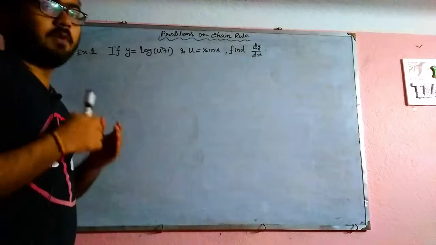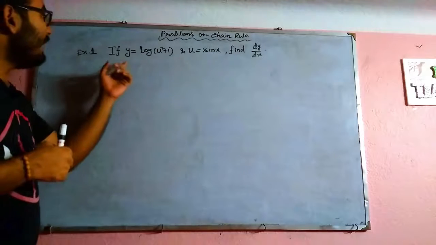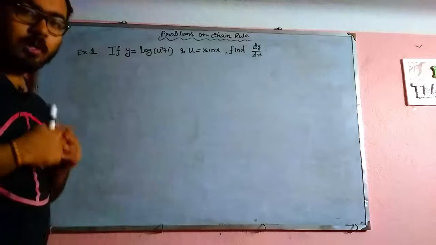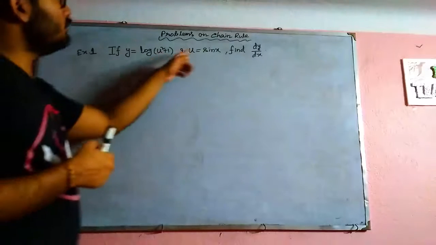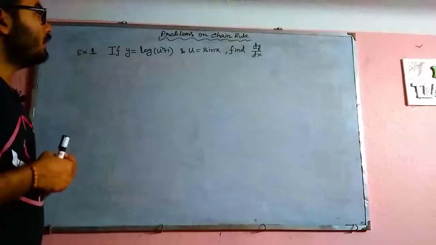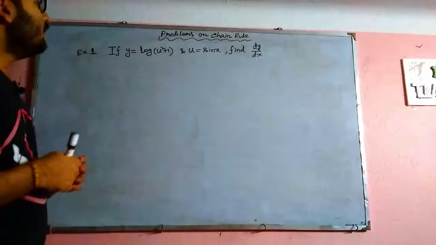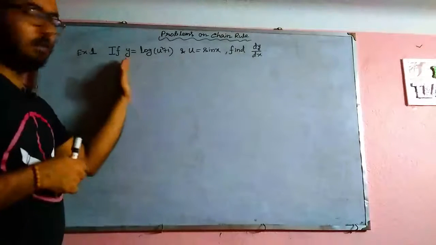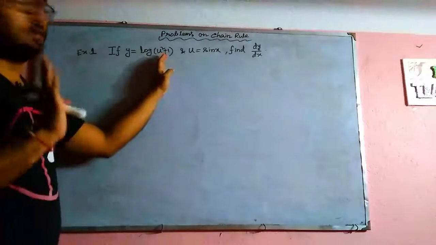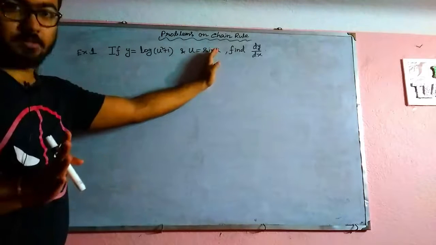Now our first problem is: if y is equal to log of (u square plus 1) and u equal to sin x, find dy/dx. Here you can see y is only a function of u, and u is only a function of x.